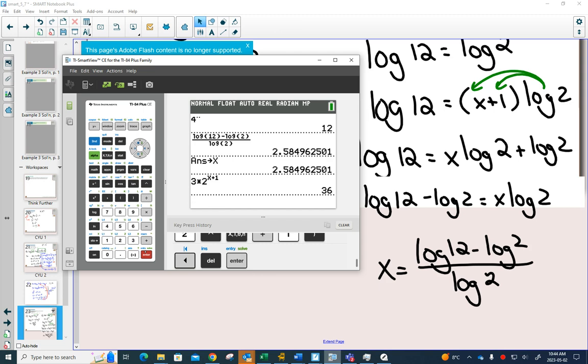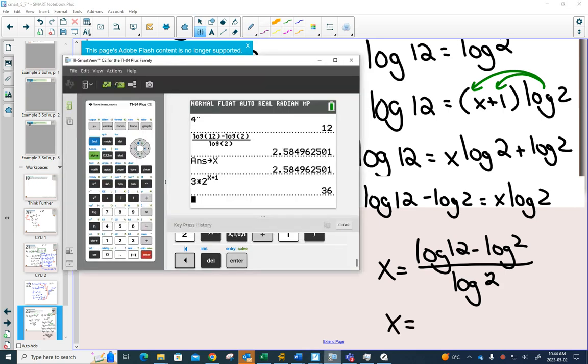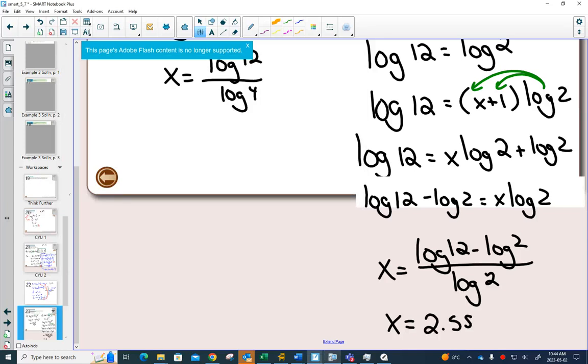If it's wrong, it means I've taught you completely wrong all year. It's a little scary. Now, often in these questions, they'll ask you to round to 3 decimal places, so your final answer, you will write 2.585, rounded correctly to 3 decimal places, as your final answer.